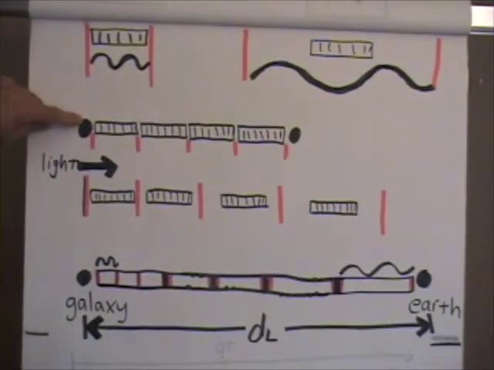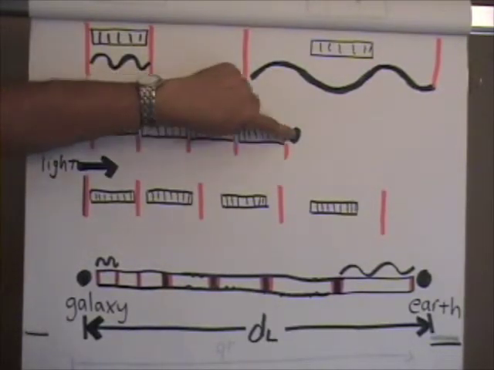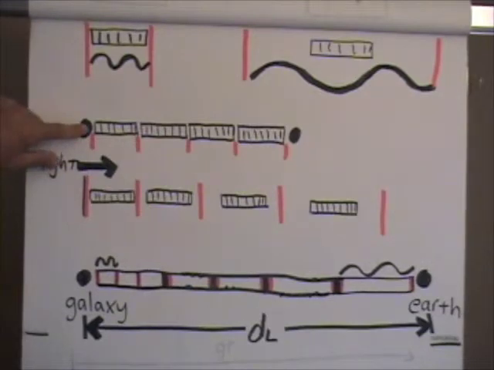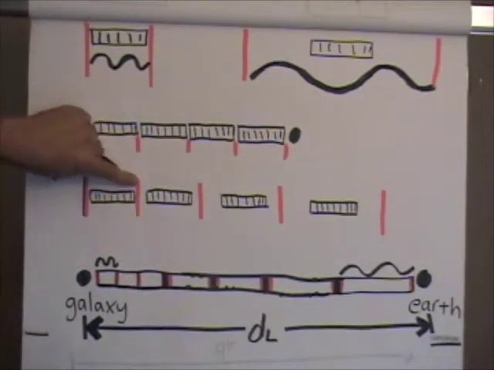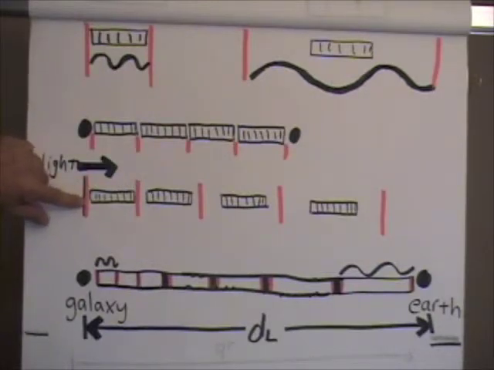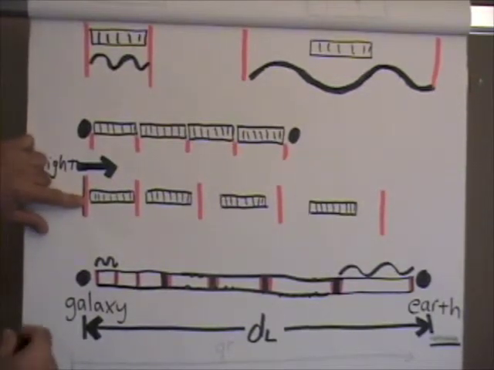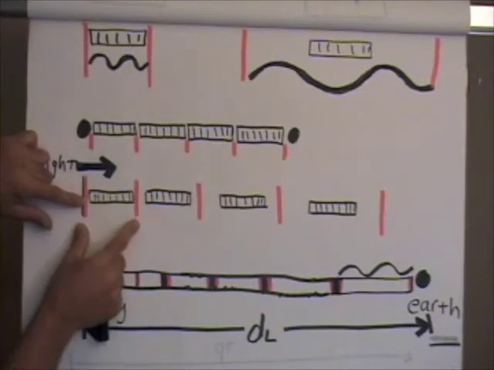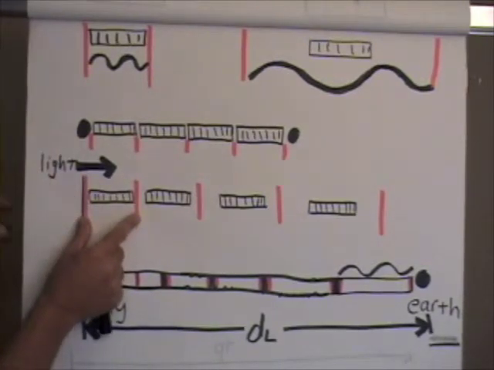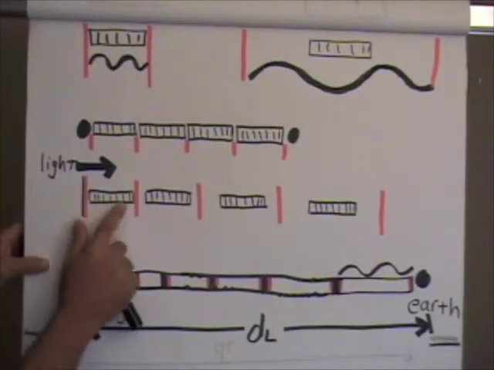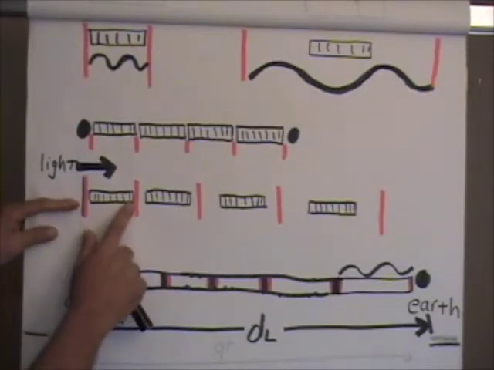Now, when a light packet leaves the galaxy and starts traveling towards the Earth, for the first portion of its travel, space hasn't had time to expand very much. So the space is still more or less the same length as the meter stick.